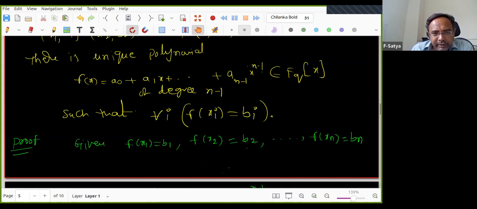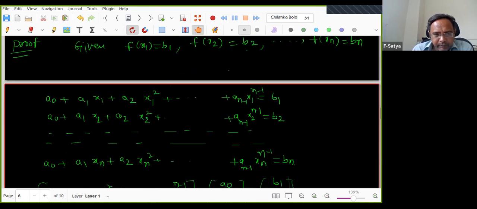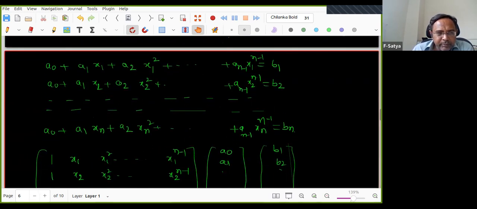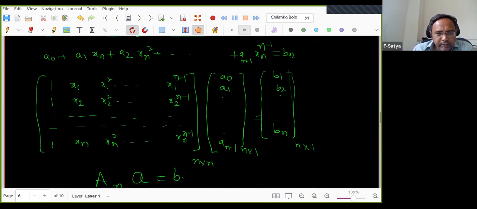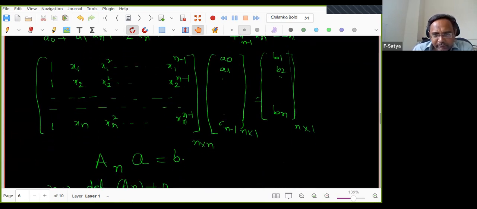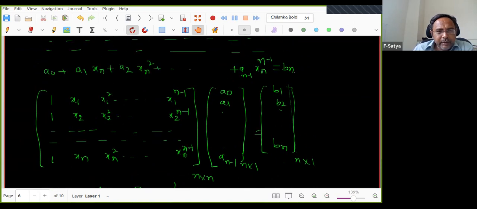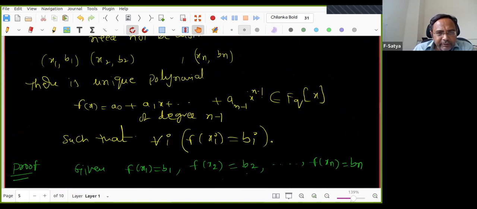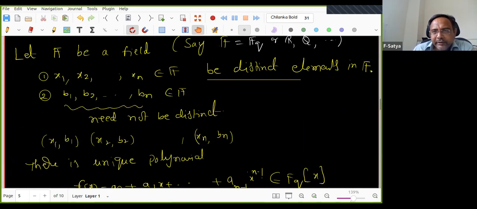Our goal is to show that there exists a polynomial such that f of xi equal to bi. So let us assume the polynomial is a0 plus a1x plus a2x square and so on. So we are now finding a0, a1 up to an minus 1. While doing that, we got a matrix form like this, right? Now you see that these xi's are distinct.